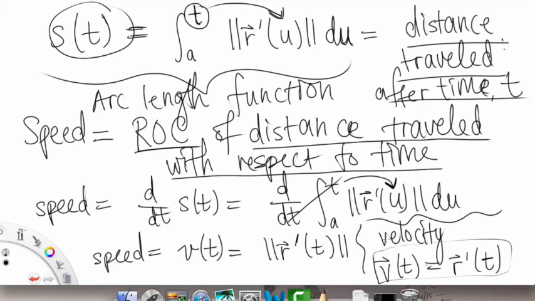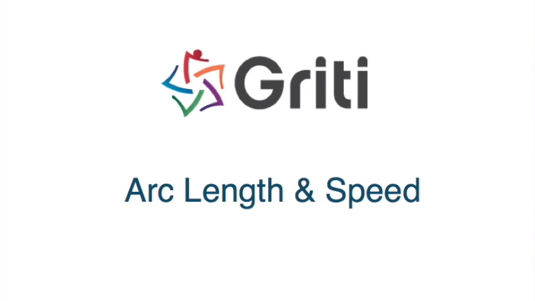And then when you take the magnitude of this r prime of t, if you take the magnitude of the velocity, which is likewise the same, then you get the speed. Okay. So these are two important equations to remember, these two at the bottom. Speed is equal to the magnitude of r prime of t, and velocity is that r prime of t at any given t.